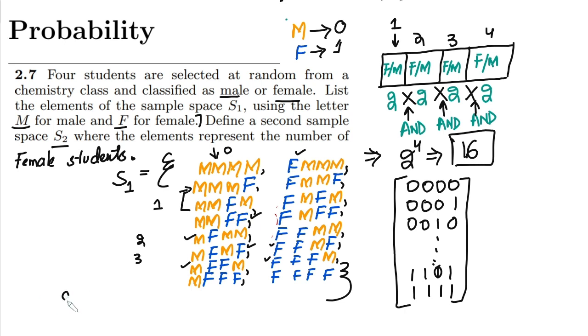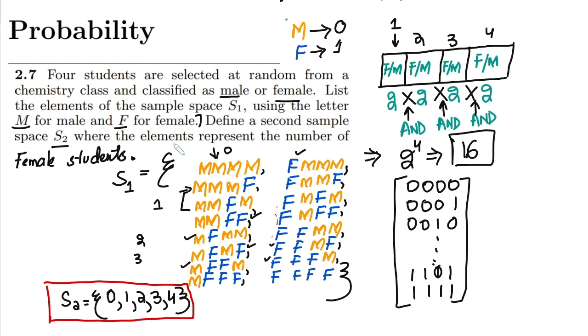So, as mentioned and asked in the second part of this question, I may have 0 females, I may have 1, I may have 2, I may have 3, and also I may have 4 females, and that is S2, and that is also the answer to the second part of my question.